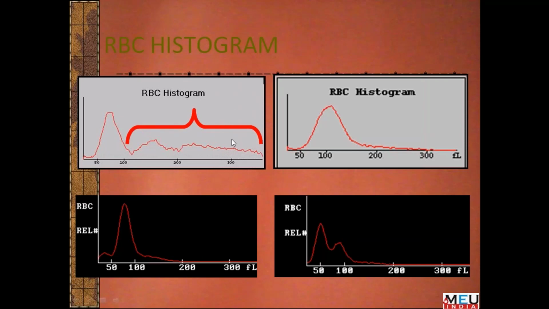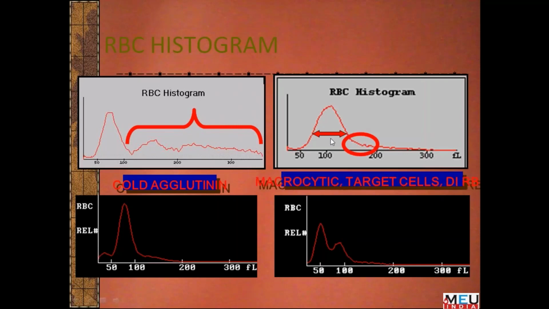This is usually seen in cold agglutinins, when the RBCs stick to each other and form some broken particles. Now in this one you see that the width of the histogram has increased, and this is seen in macrocytosis or target cells seen in thalassemia.